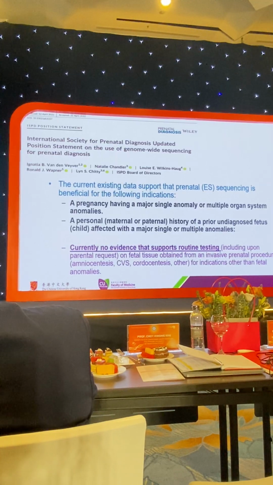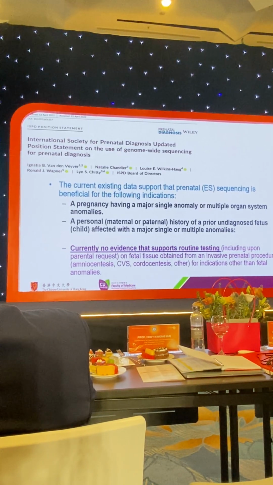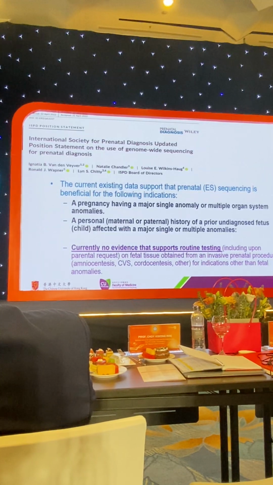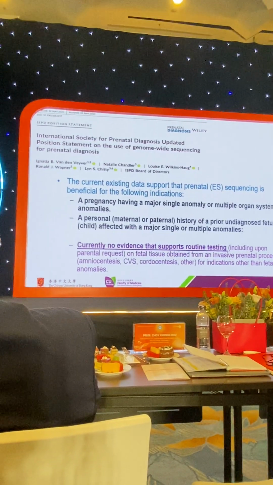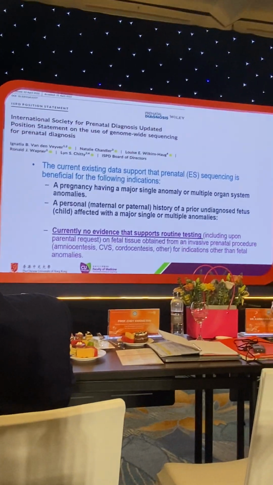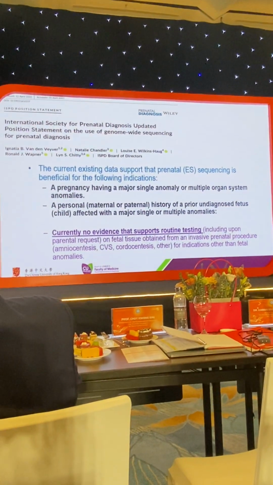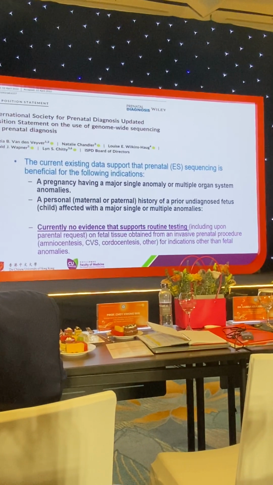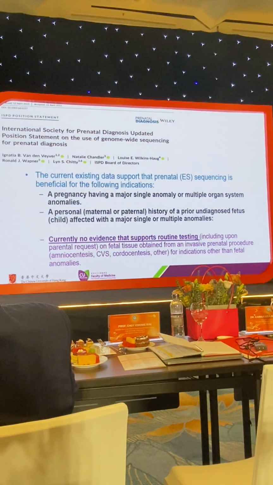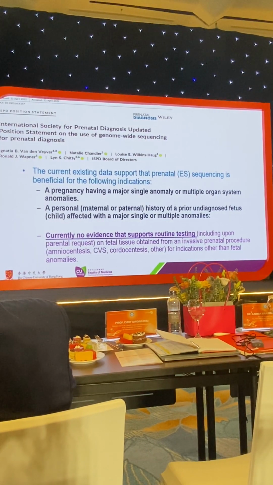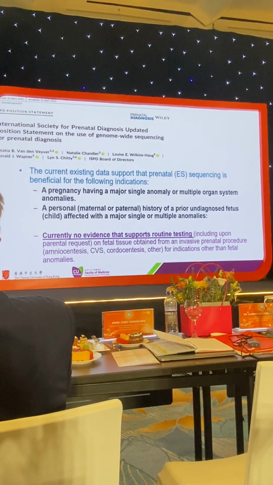A pregnancy with a major single anatomy or multiple organ system anomaly. So the central nervous system is an example. Or a person with a maternal or paternal history of a prior undiagnosed fetus or child affected with a major single or multiple organ abnormality. So the central nervous system and neurological conditions are an example.